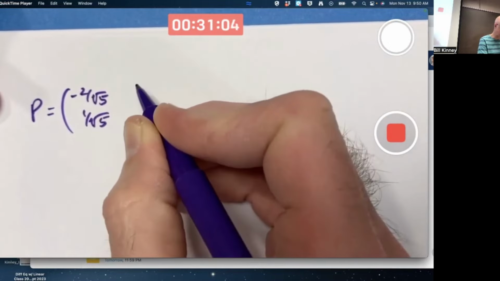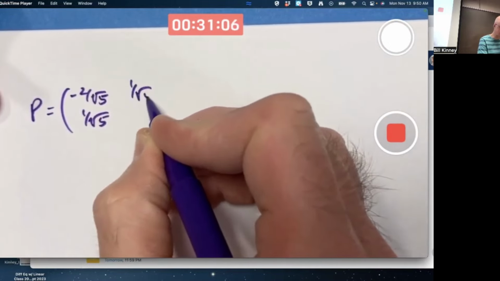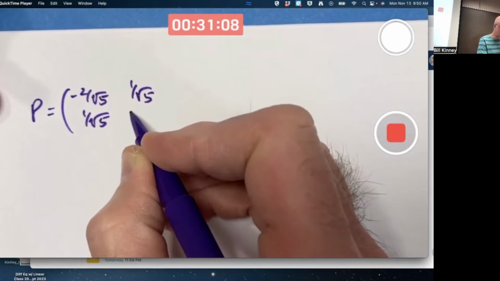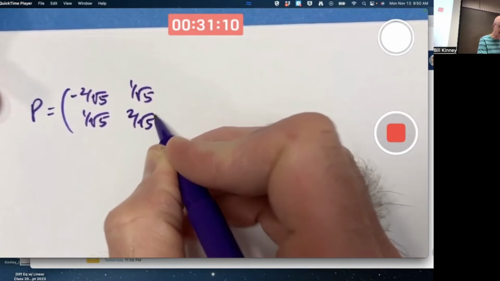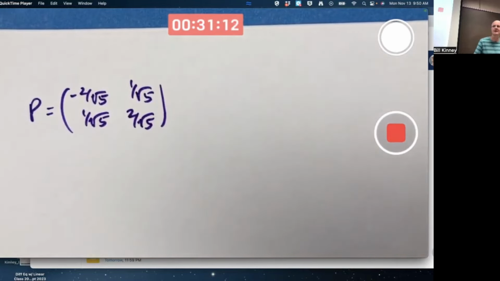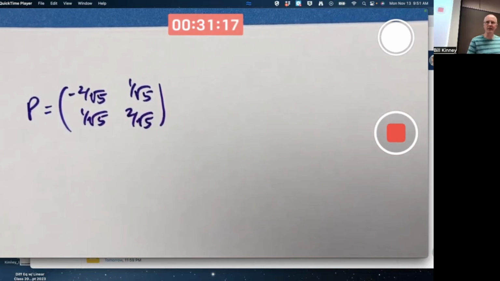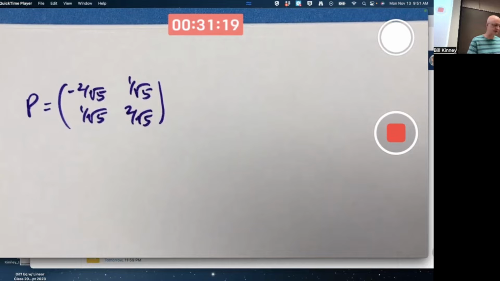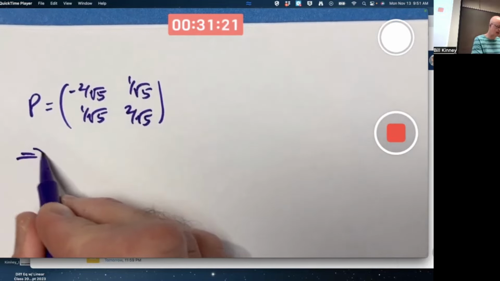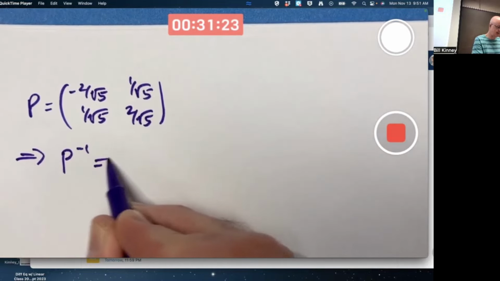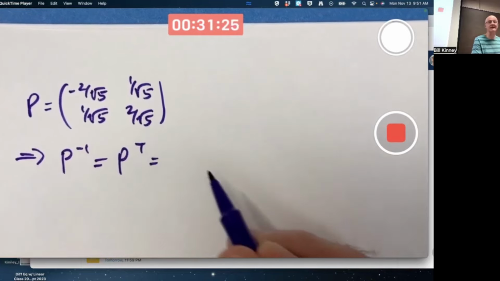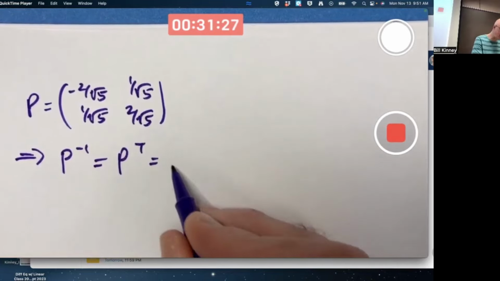This doesn't seem like it's very good. If I do this, though, something nice happens. It becomes what's called an orthogonal matrix, and its inverse equals its transpose.